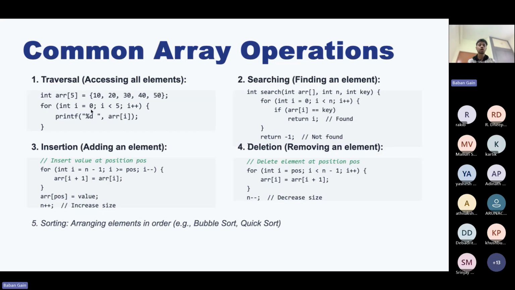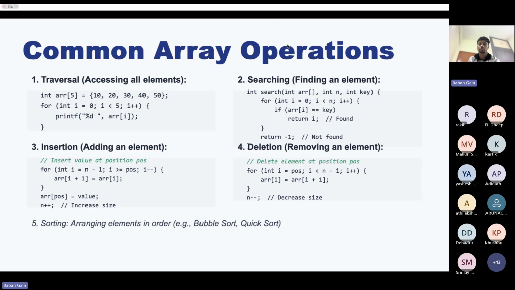You just have to print it like that, array of i. That's it. So how to, let's say, search? Let's say you have an array with 5 numbers, 10, 12, 30, 40, 50, but you want to search whether an element exists or not. How to do that? I'll come to that as well.